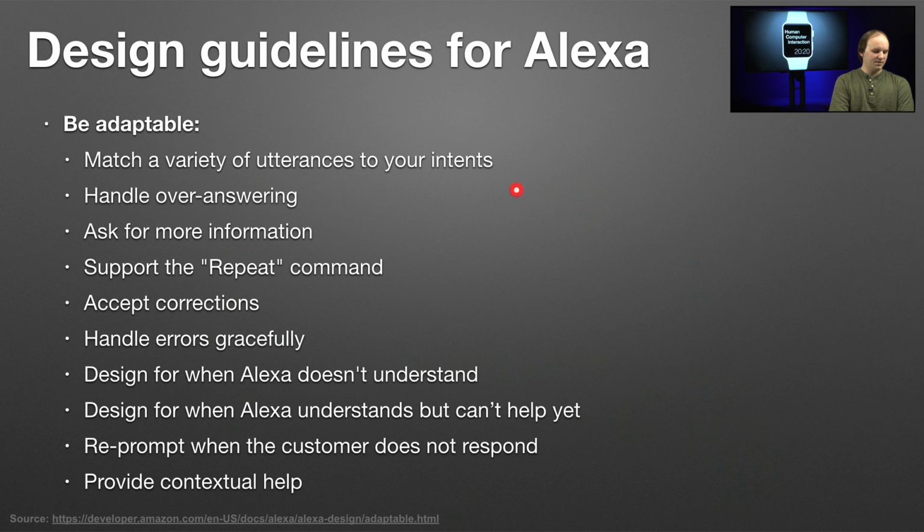The first thing is, people have a variety of ways of communicating their intentions. A lot of work needs to be done in user studies and thinking about the specific domain in terms of different ways that people might ask for the same thing. You can certainly prompt them and clue them into how you want them to say something, but they won't always do that. People sometimes provide a lot more information than what you need, but you don't want to just reject that.